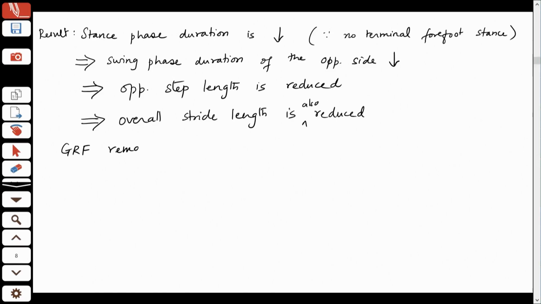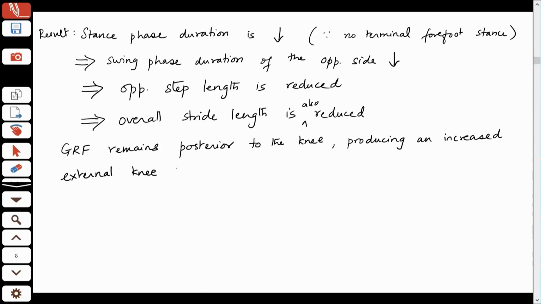So, GRF posterior to the knee gives an external knee flexor moment. So, what would be the internal moment that the knee would have to exert?